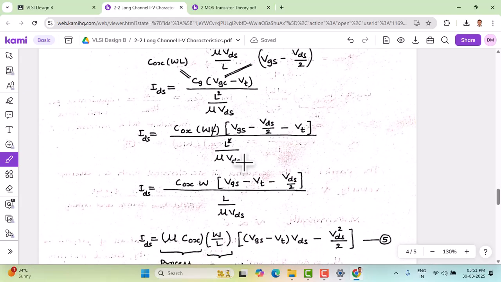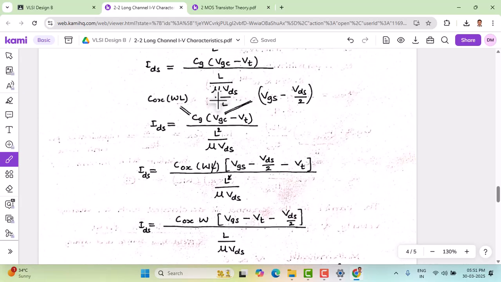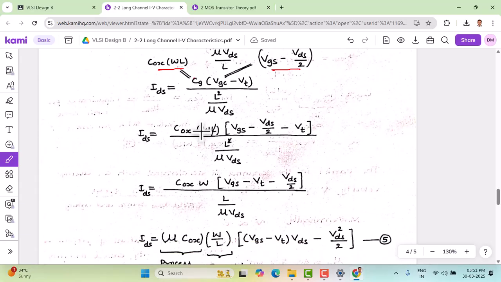Now we can substitute other things in this equation: CG can be substituted as per this, and VGC can be substituted as VGS minus VT minus VDS by 2. In the denominator, this L can be taken to the numerator, and that becomes L square by mu VDS. After substituting, we get this. We can cancel one of the L with this L square and retain the rest.